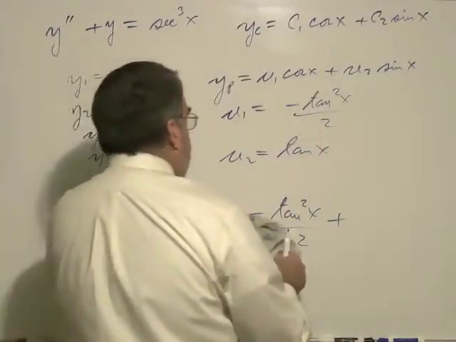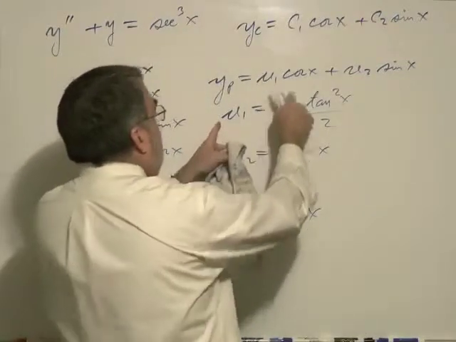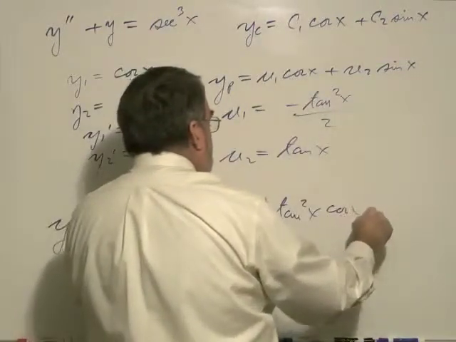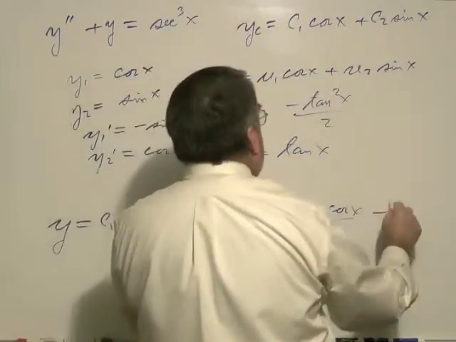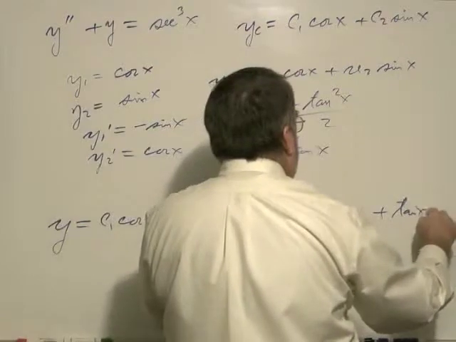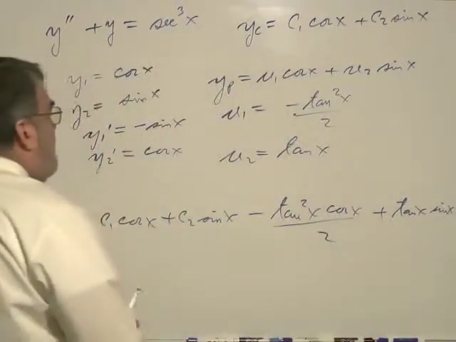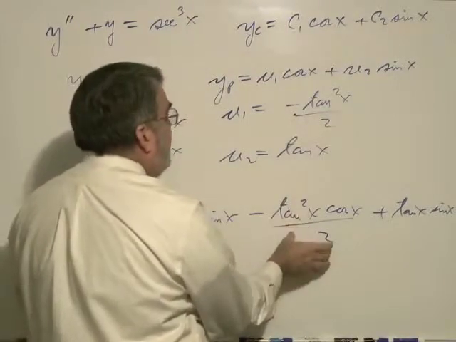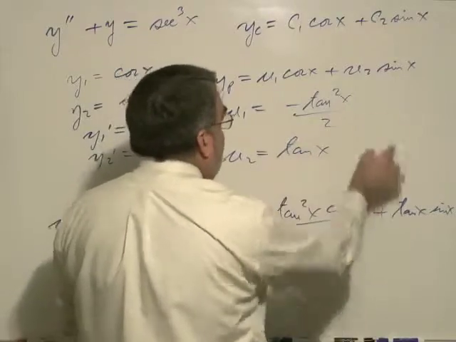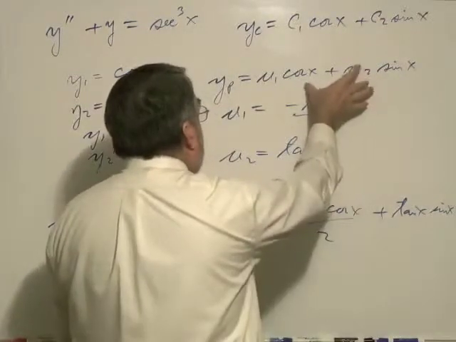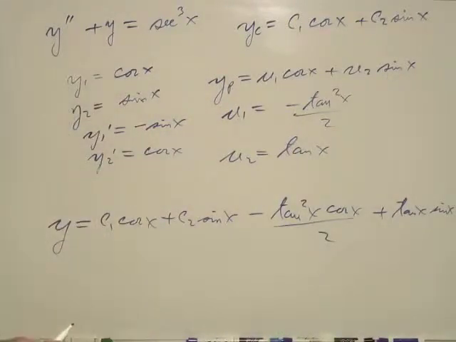Because the particular solution is u1 times cosine x and u2 times sine x. All right, so let's review that. I took u1, minus tangent squared x over 2, times cosine, plus u2, which is tangent x, times sine. So careful there, that's what y particular is. We have to feed in those other two functions.